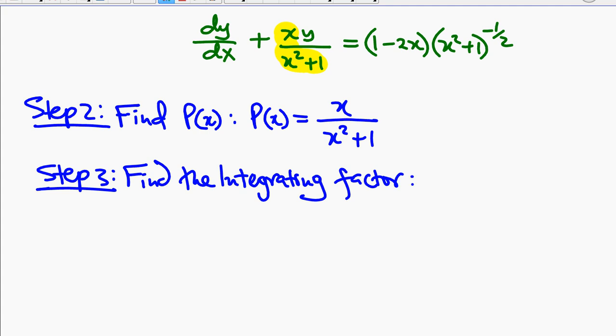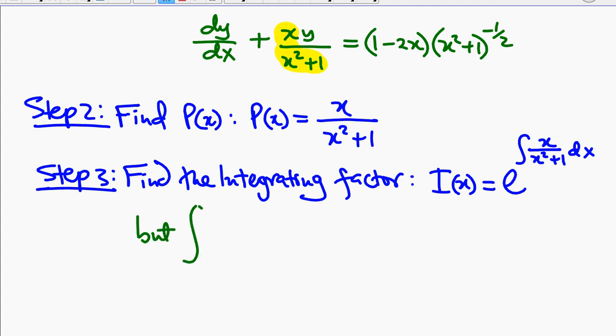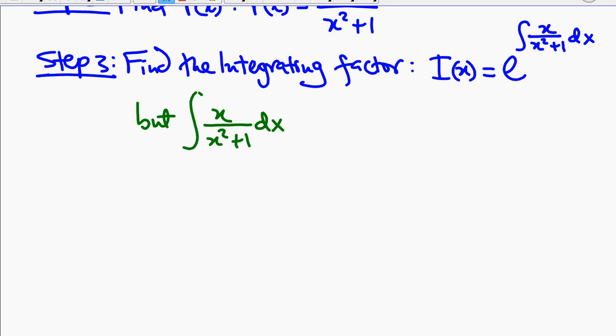So the integrating factor will be e to power integral of p of x, which is x over x squared plus 1 dx. All right, so we need to find that integral. So the integral of x over x squared plus 1, and here we may have to use substitution.